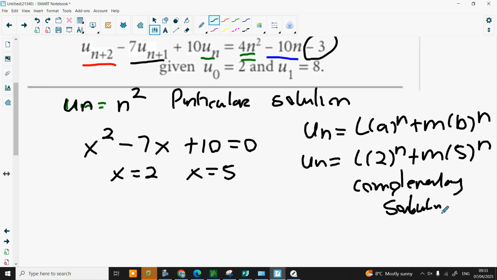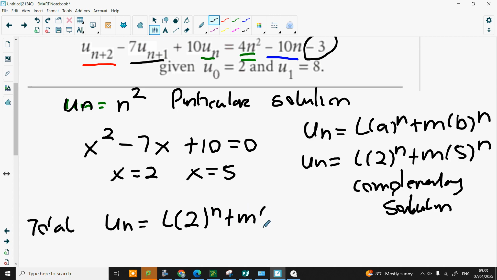Now what am I going to do to get the full solution? Or total solution? So what's the total, guys? Anybody? L times 2 to the power of n plus M times 5 to the power of n plus n squared at the end, isn't it?